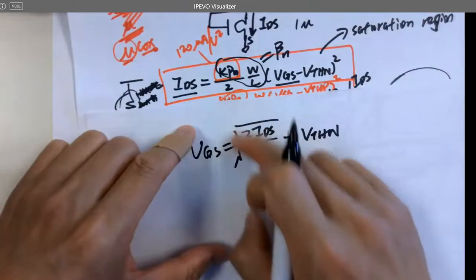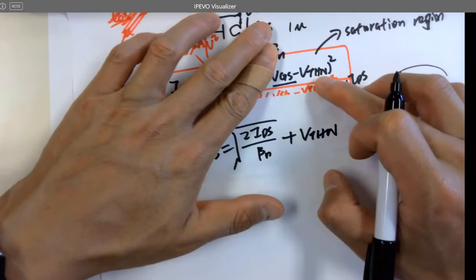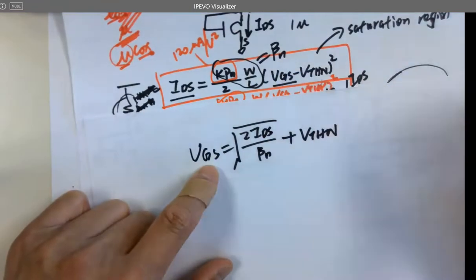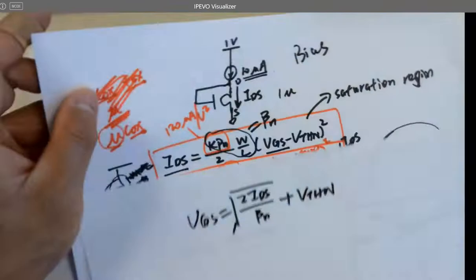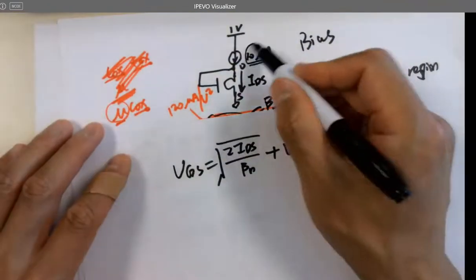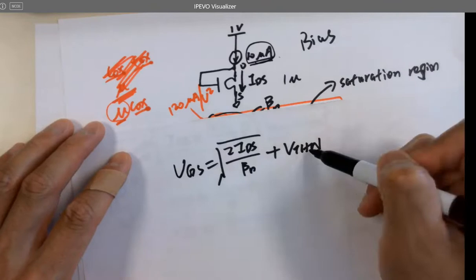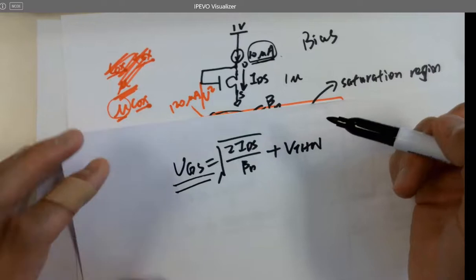So that's why you get a square root of it, which equals VGS minus VTHN, and then plus VTHN equals VGS. So for this problem, you just directly plug in your IDS into here, and beta n is given, to calculate VGS and verify using LTSpice. Very simple.